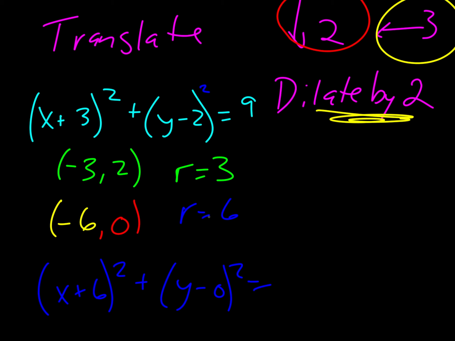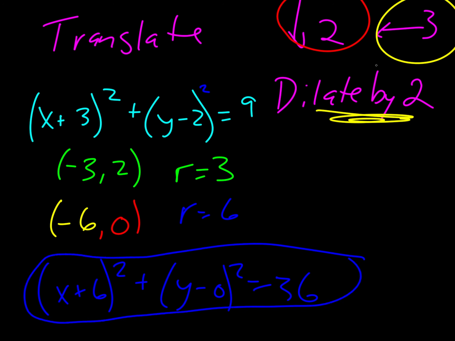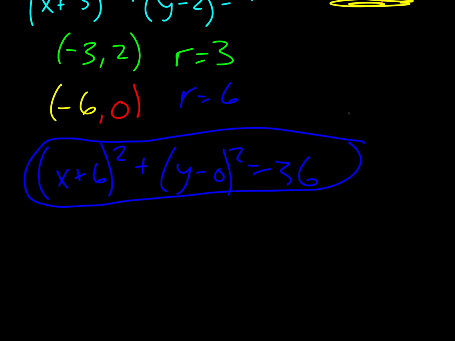And then when we're putting it back in, we need to square it. So it's 36. So this is the equation of the new circle that was translated down 2, left 3, and dilated by 2. Okay, we'll do one more of those.